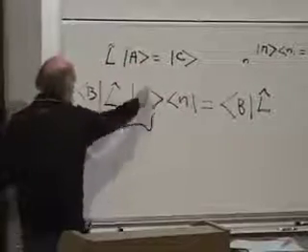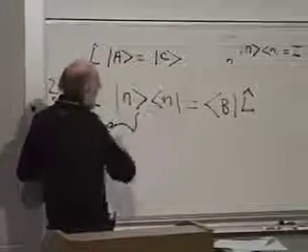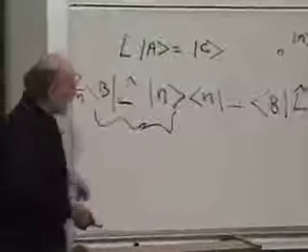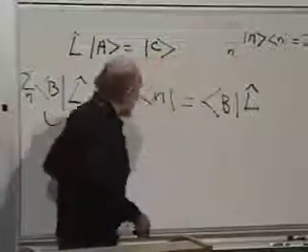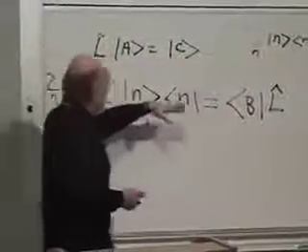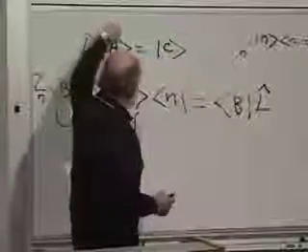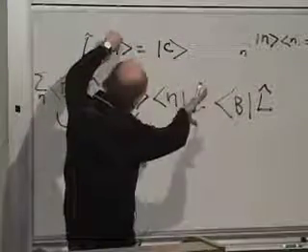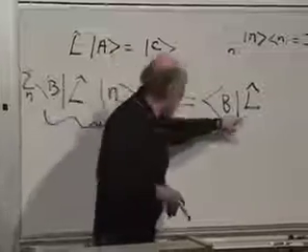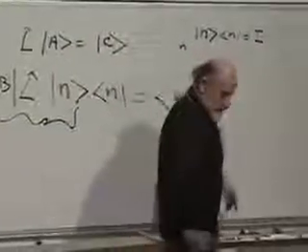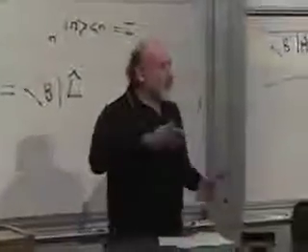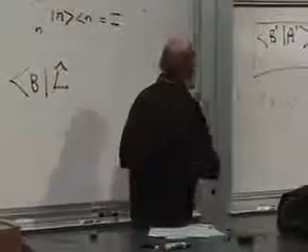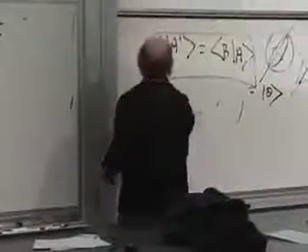These are all numbers, and they multiply bra vectors. And so the result is a bra vector. And this then defines for us how the same operator, which was defined to act to the right on ket vectors, acts to the left on bra vectors. Okay. So linear operators can act either way, either to the left or to the right.